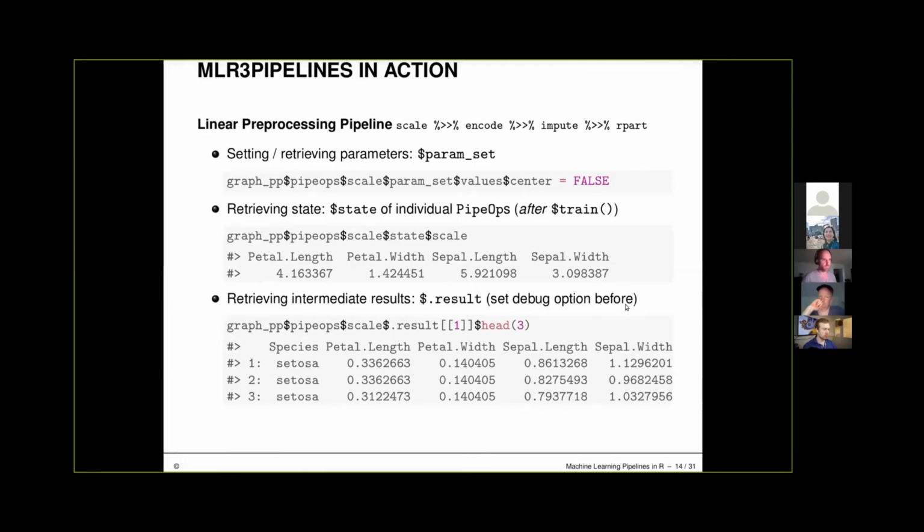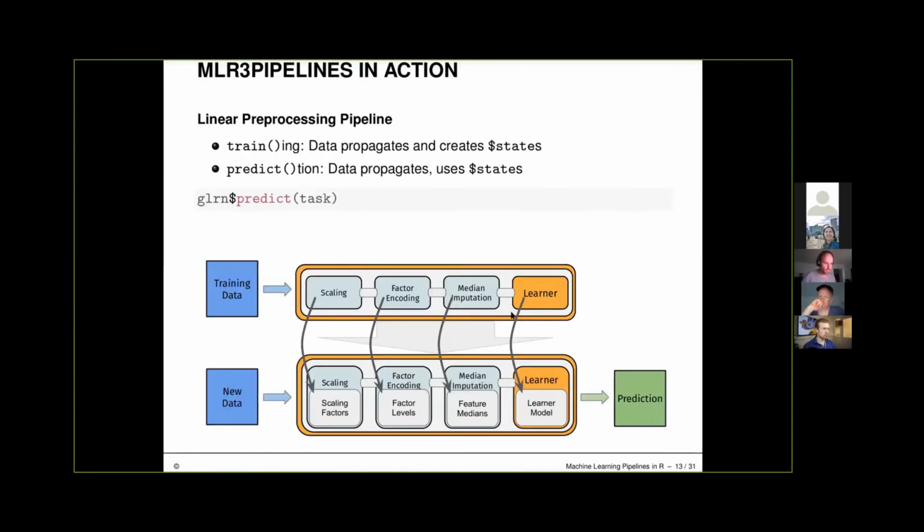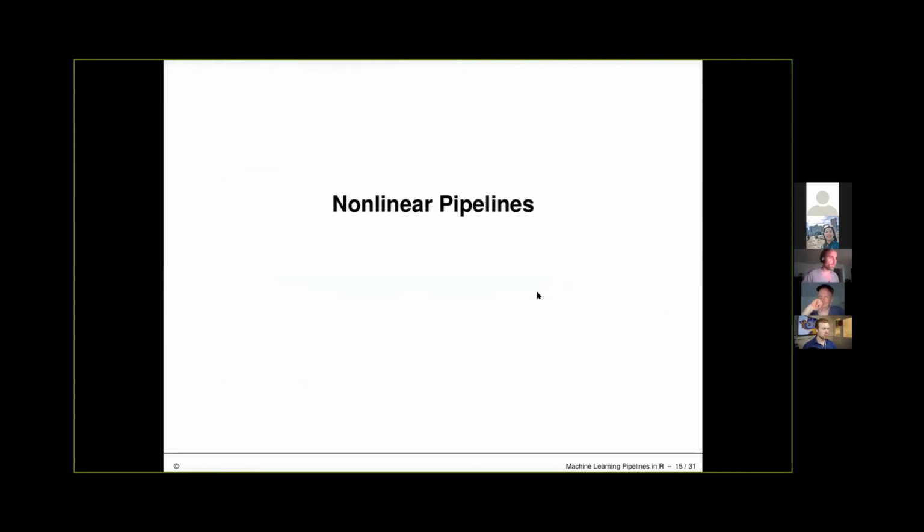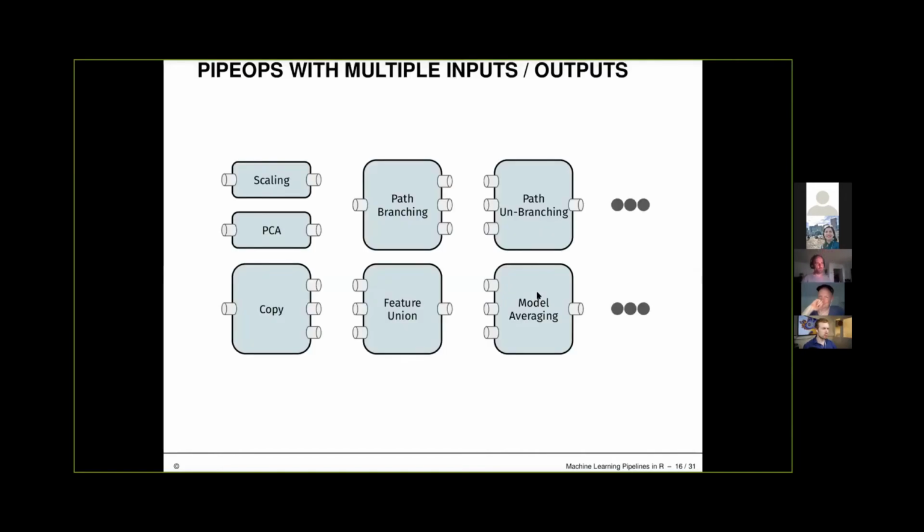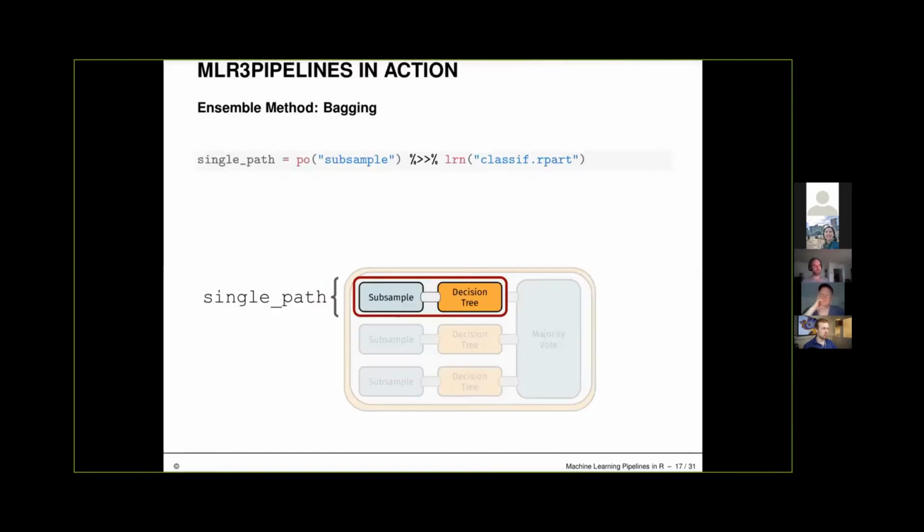That makes sense. So set this debug option, and then look at dot result, and that gives you the output. So what is computed for this step, which then flows into this guy.